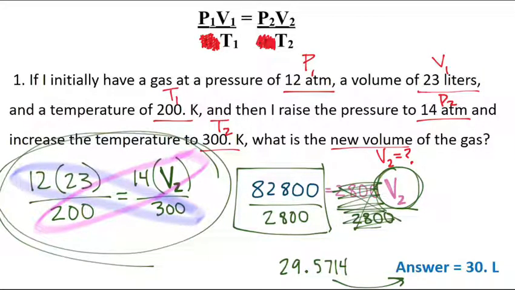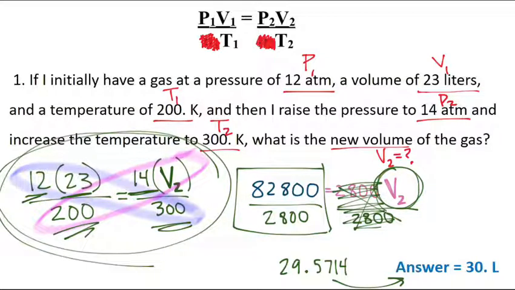A lot of givens means we need to look at all of them, and we keep the fewest number of sig figs out of all of them. So 12, 23, and 14 were all two sig fig numbers. Even though 300 and 200 had 3 sig figs, our answer needs to be rounded down to 2 sig figs, because that's the least number of sig figs as any of our givens that we started with.